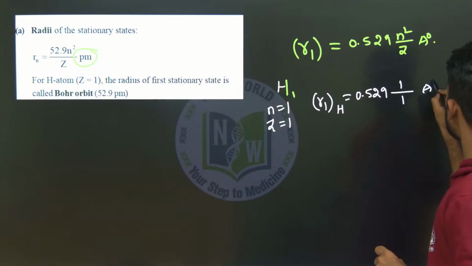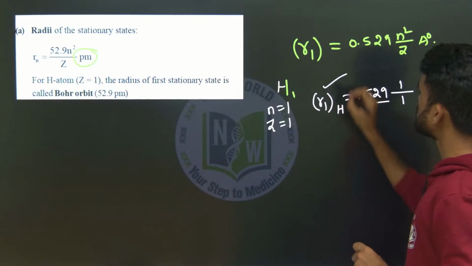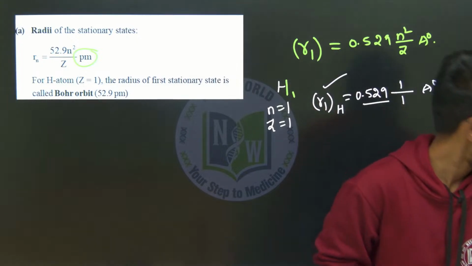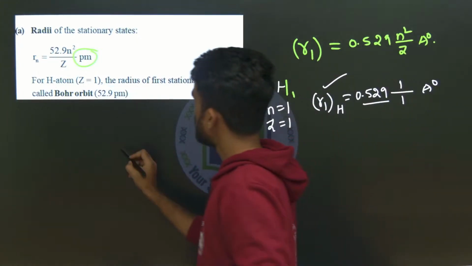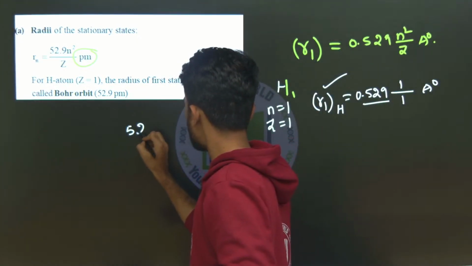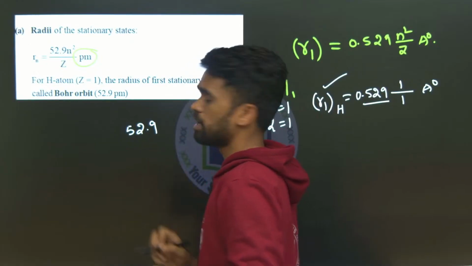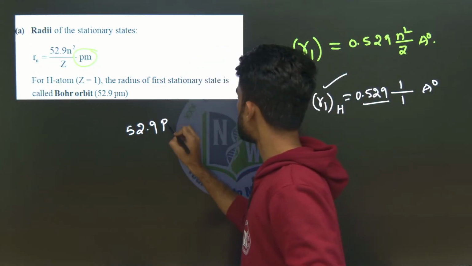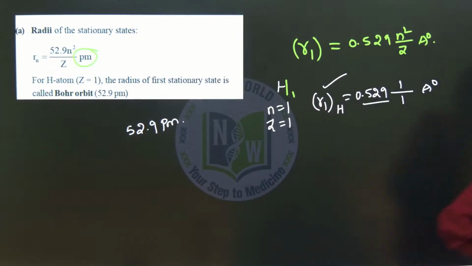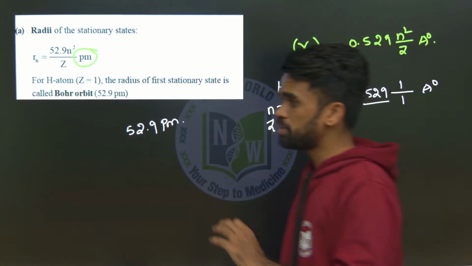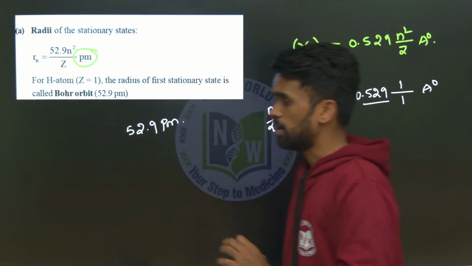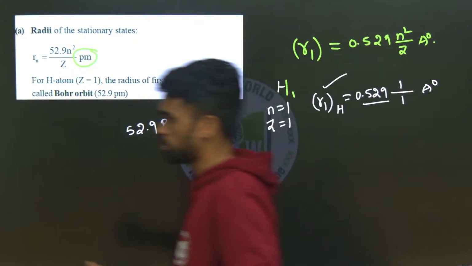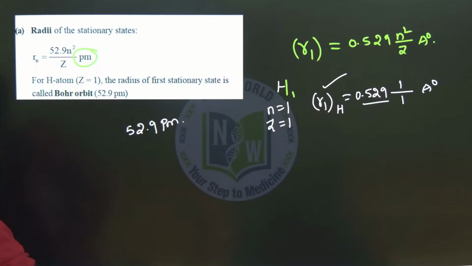Therefore 0.529 angstroms is the radius of the first orbit of the hydrogen atom. You can also give the answer as 52.9 picometers. Hope this is clear. Let me go forward with a few more things to discuss here.